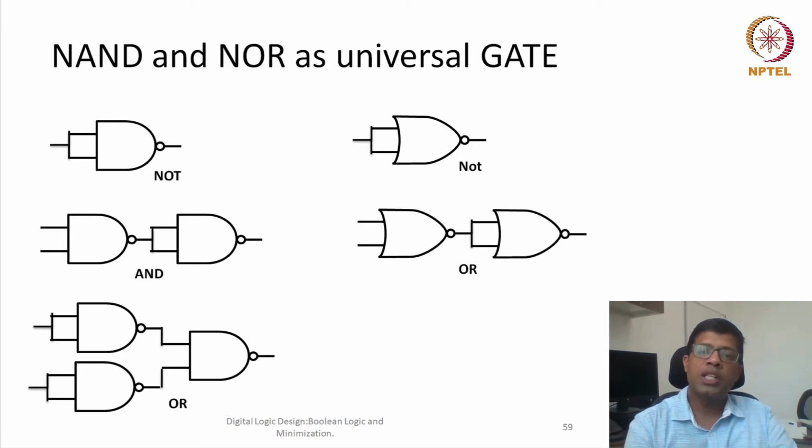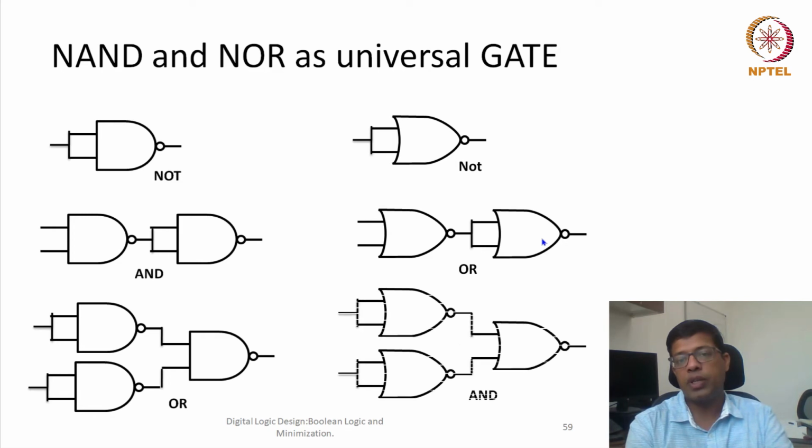So similarly, if I take two NOR gates and the output of one of the NOR gates is connected to both the inputs of the other NOR gate, this would effectively work like an inverter, and two inverters will nullify each other, and the output is effectively like an OR gate.